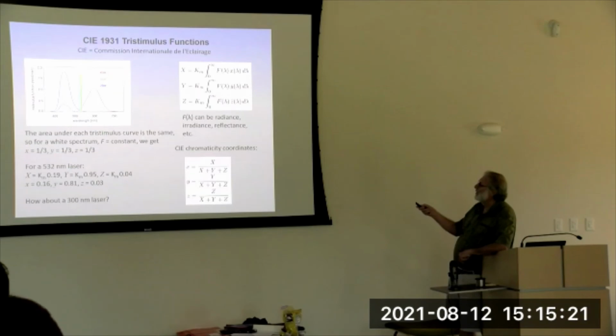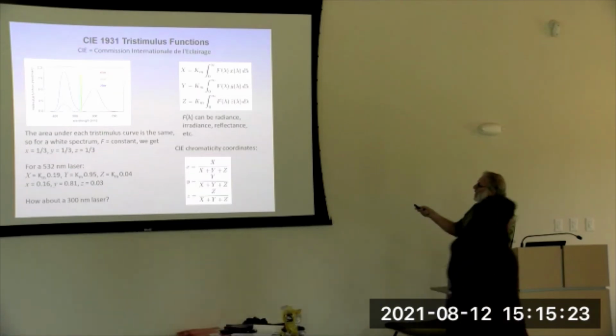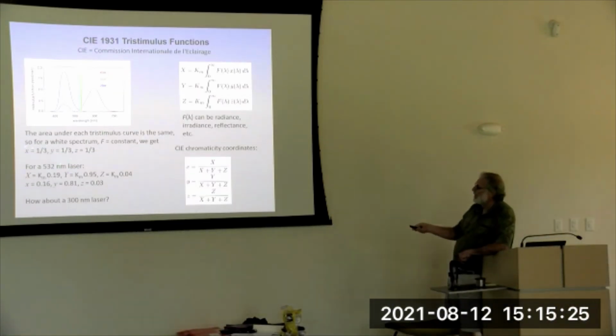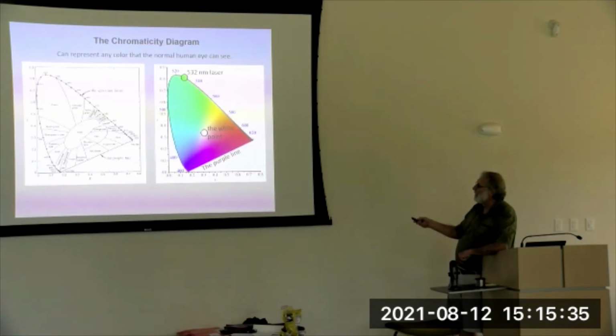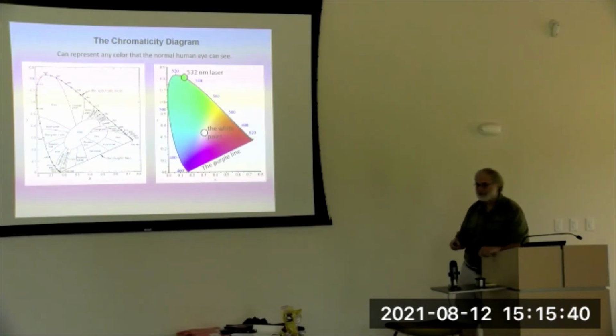And then if you come back here and you put in that the function you're putting in is independent of wavelength, that ends up giving you 1/3, 1/3, and 1/3 for these coordinates. So absolutely white light is at the very center of this diagram at 1/3 and 1/3, and that's called the white point.